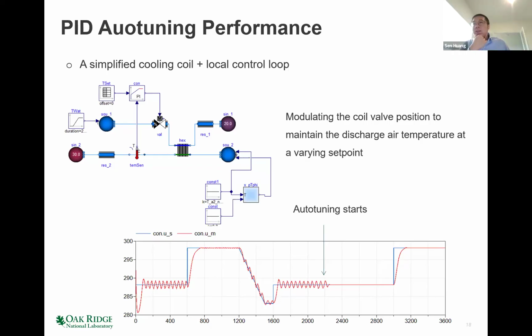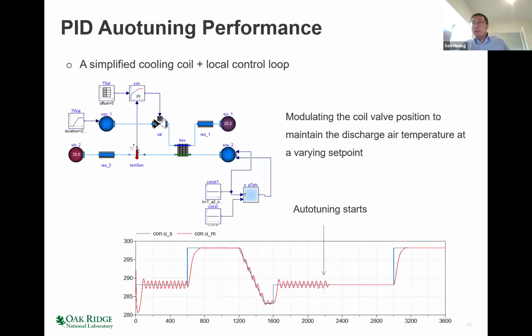That's the idea. Right now we make the model self-contained, so you can just drag that into any control loop and provide the signal about when the PID tuning should occur. Then it will take care of everything by itself. One scenario would be, for example, you have a PID that's working during the occupied period.